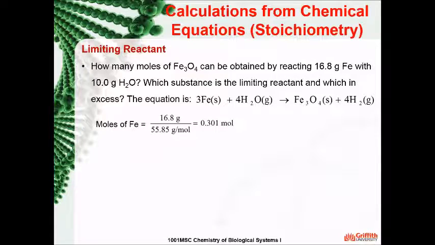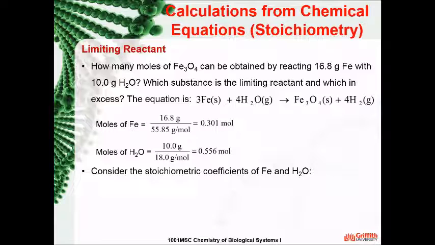First, let's calculate the moles of iron. 16.8 grams over 55.85 grams per mole gives 0.301 moles. How about the moles of water? 10 grams over 18 grams per mole gives 0.556 moles.